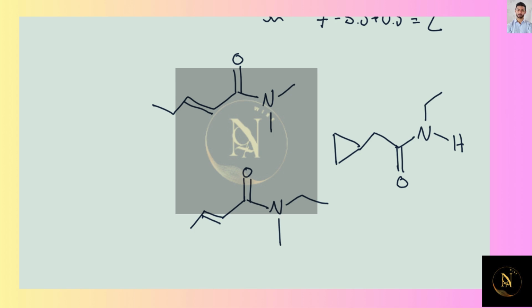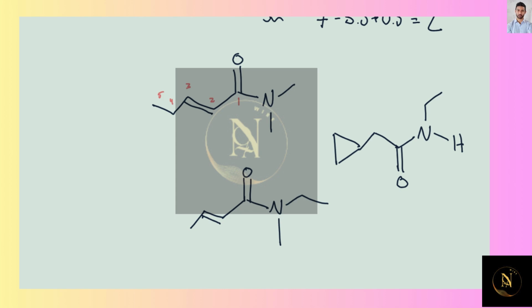So the first thing that we're going to do is number this, and that is essentially we number the carbonyl carbon as 1, 2, 3, 4, 5, and then we'll recognize what our functional group is here.